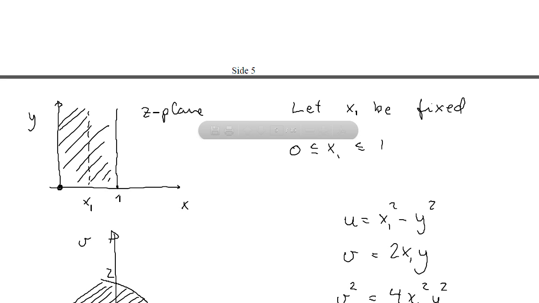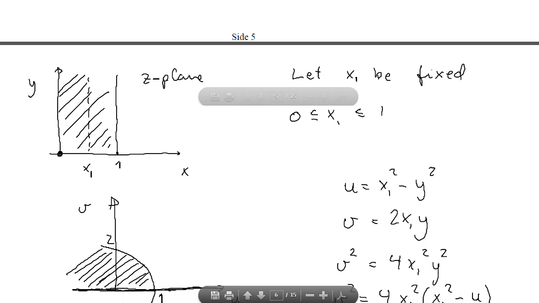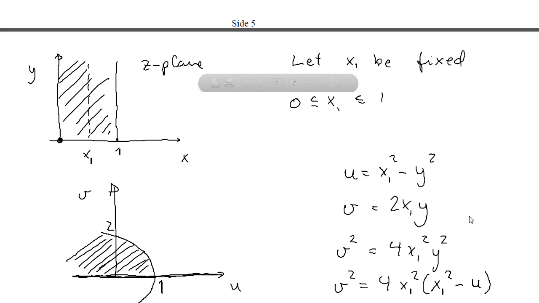So if we let x1 be some number between 0 and 1, some straight line here, what line does this correspond to in the range? Well, what we are doing is that we just write u, which is the real part of this function.